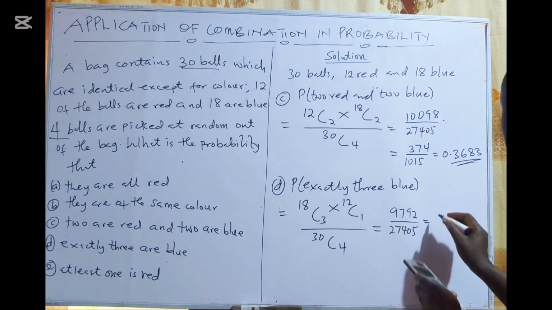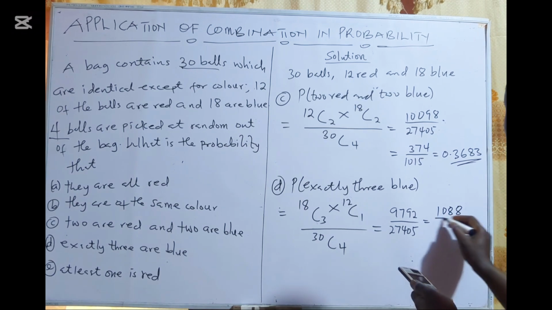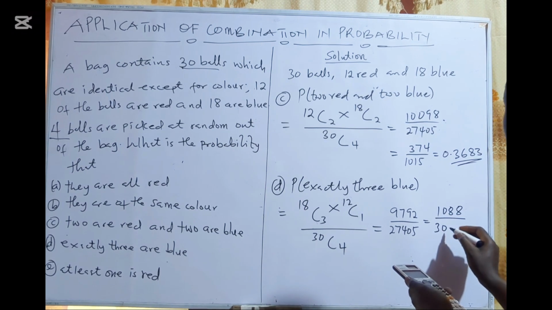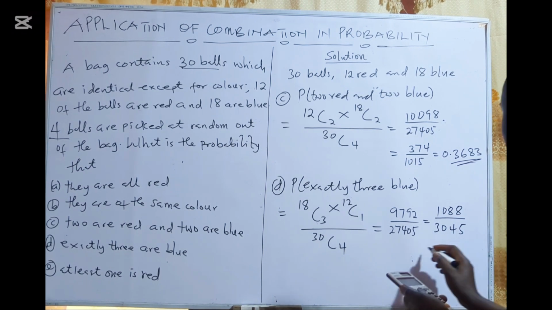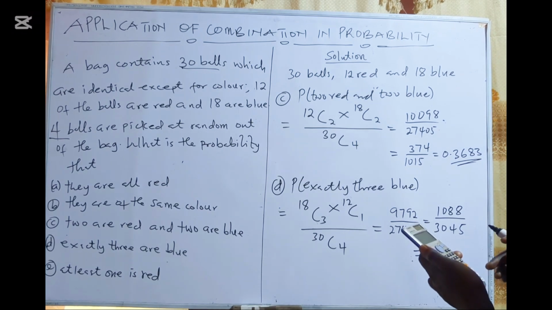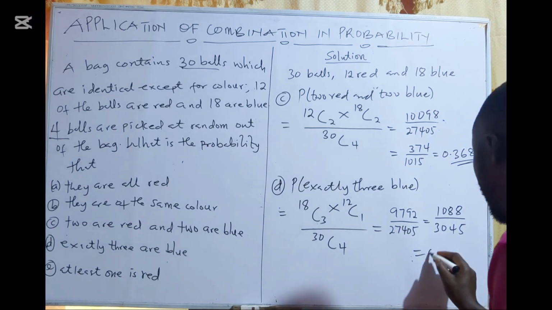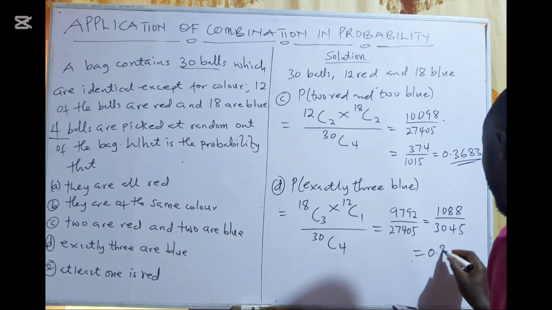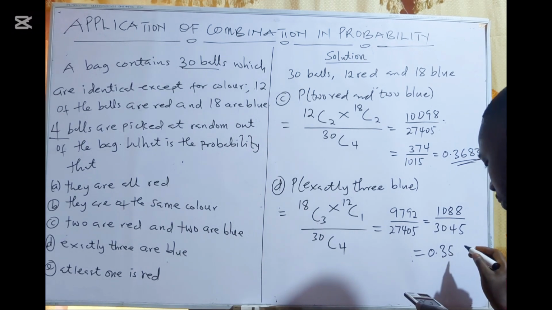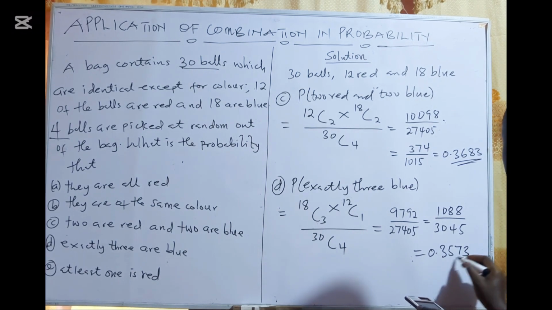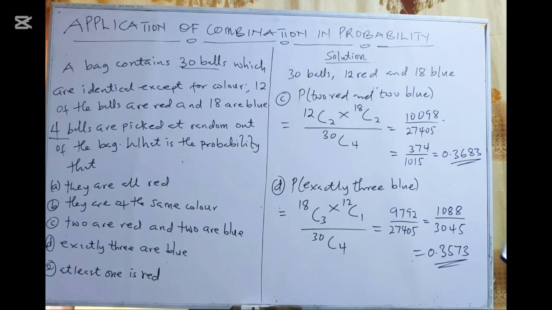I'm going to get 1088 divided by 3045. So in terms of decimal, I get 0.3573. Alright. I believe this is not anything difficult. Okay, let's look at the last one.